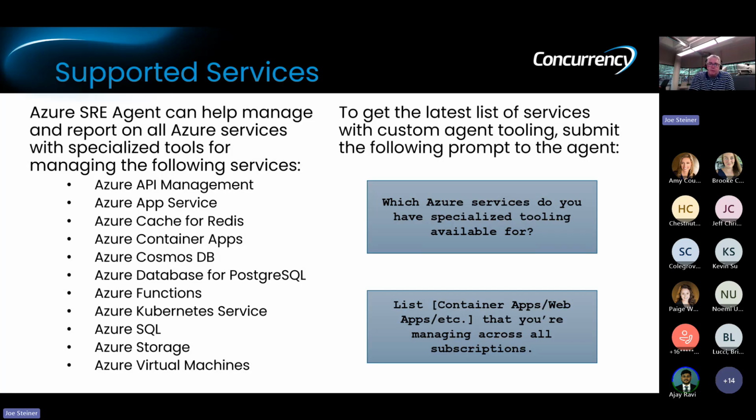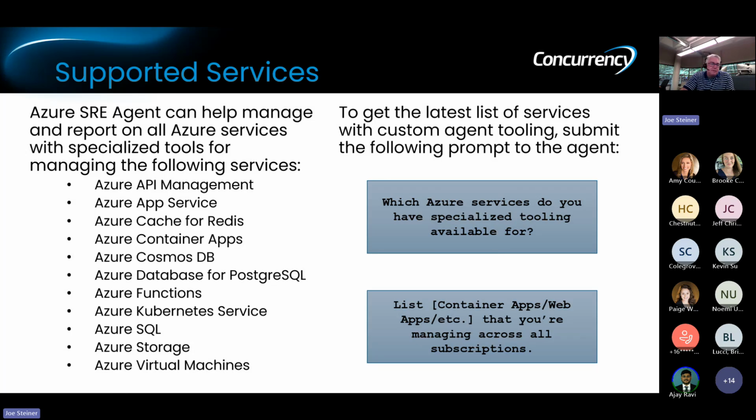So really one of the more powerful aspects of this, along with just the ability to generate reports on command. The prompts are really just commands in many ways. Getting the list of the services that you have the specialized additional capabilities for, as that changes over time, you can ask the tool itself as to what it's able to do at any point in time.